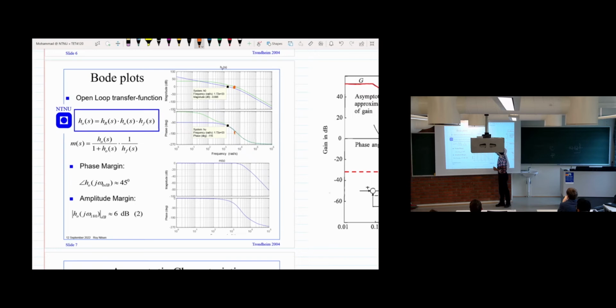So we have a very small phase difference, but we don't want that. A small phase margin means more oscillation. So we always try to avoid that. So the rule is to have at least 6 dB and 45-degree phase margin. When you design, you need to remember this part.